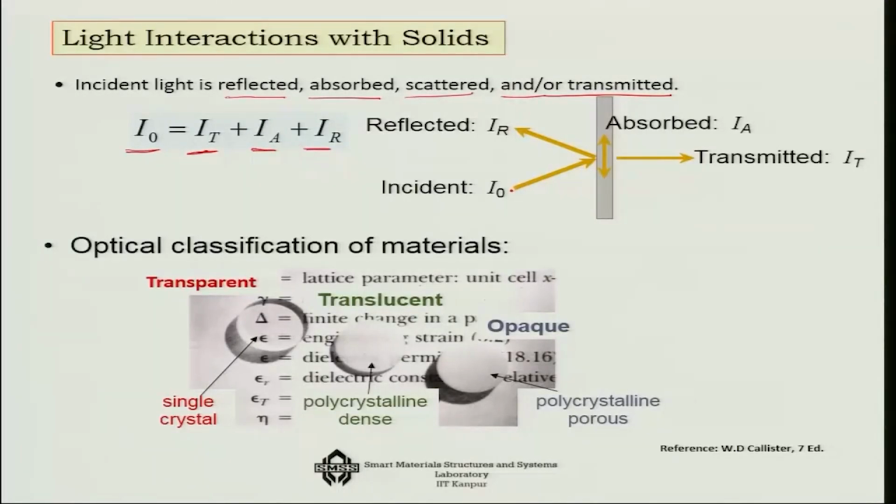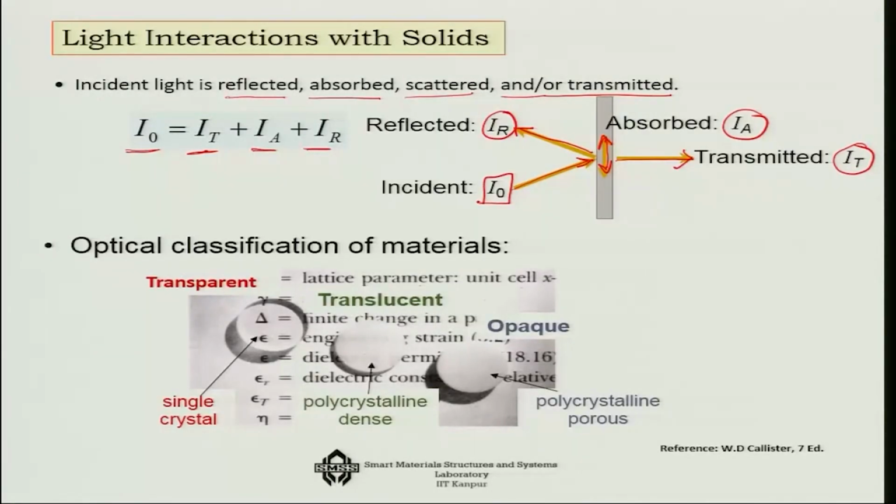This is my incident light I0. Some part of the light may get reflected, that is IR. Some part of the light may get absorbed inside. It may not be absorbed for a very long time; we will see that sometimes it absorbs and then it emits. And some part of it may get transmitted, so that is our IT part. Absorbed is IA and reflected is IR, whereas the incident is I0.